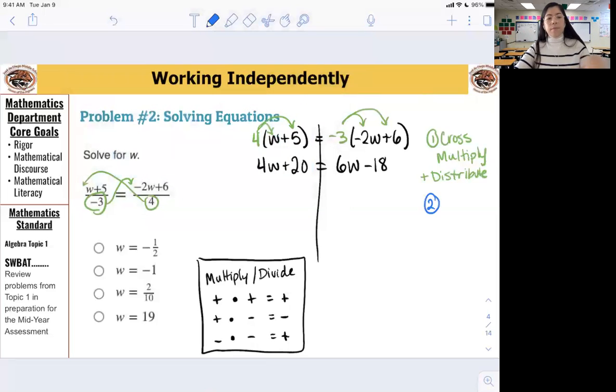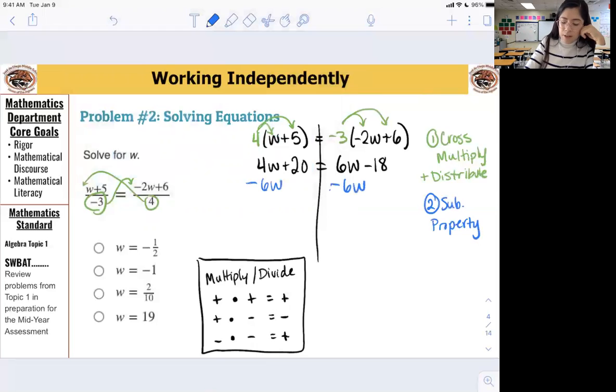Now what do I do? Step 2. Subtraction property. So what am I subtracting? 6W from both sides. I subtract 6W for two reasons.